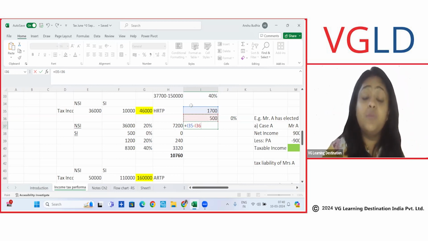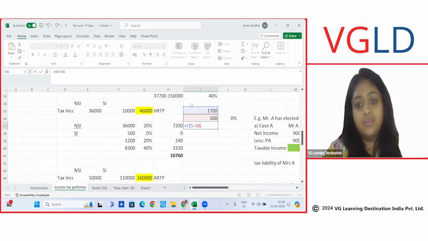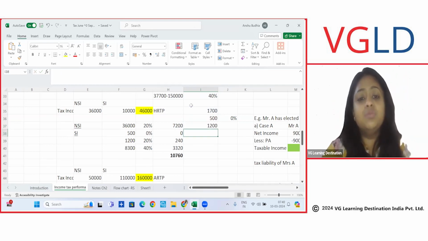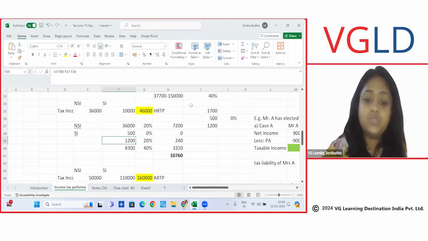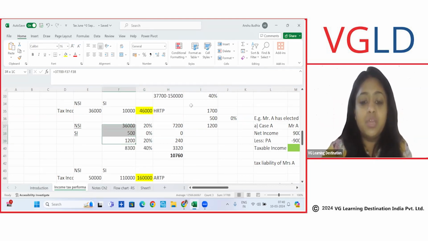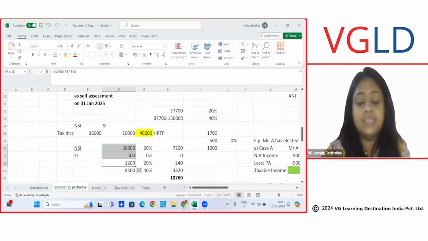HMRC says even 0% rate band, nil rate bands will also reduce this rate band, even if taxed at 0%. So now when I reduce it, I get remaining 1200. Now 1200 will only enjoy 20%. Once 1200 is enjoyed 20%, you can add this. It has become 37,700. That means basic rate band is over and the remaining 8,300 now will be taxed at 40%.